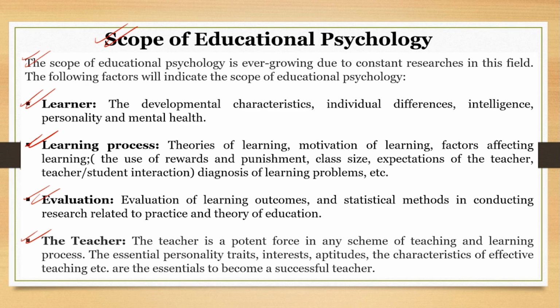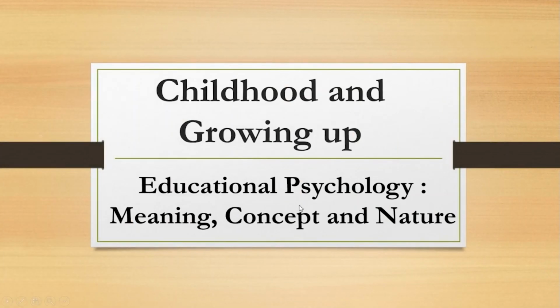These are the four fields where constant researches have been going on, which ultimately are the scope for educational psychology and keep broadening the field. So with this we complete what is educational psychology, the meaning. We also studied definition, the nature and concept.